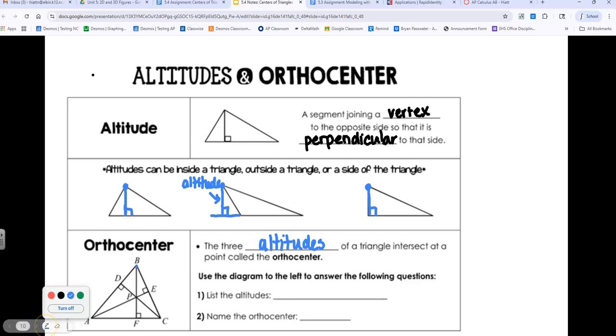So your altitudes here would be BF, CD, and EA.